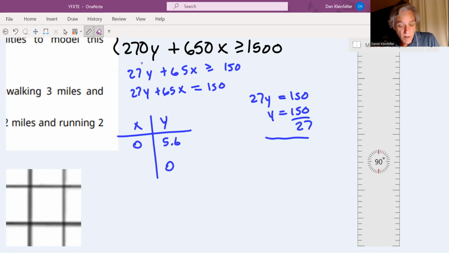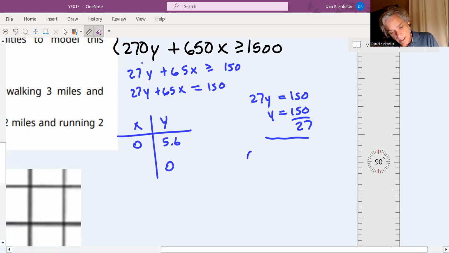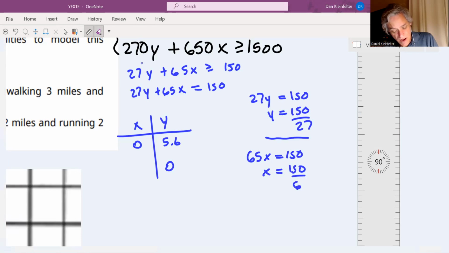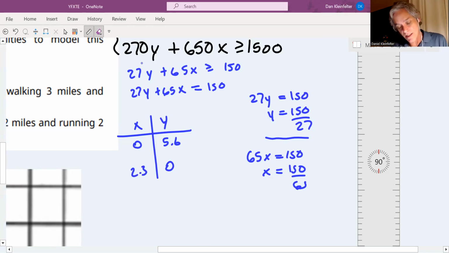For the other one, when y is 0, we'll have 65x is equal to 150, so that x is 150 over 65. And that's about 2.3 or so. Again, I've rounded to the nearest tenth here just for convenience.